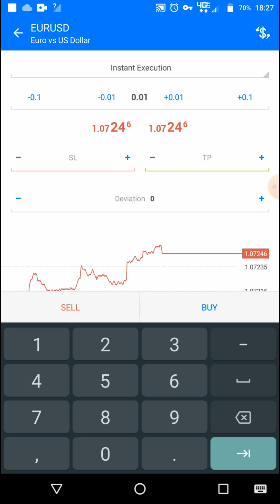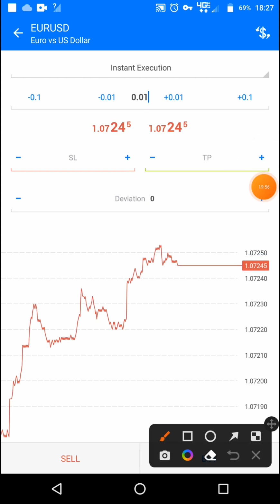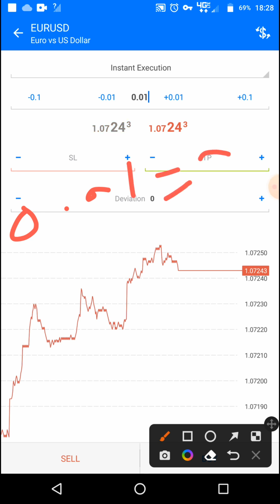Now in the book, or in the PDF, it says 0.01. Okay, it's a micro lot. It's a micro lot size. Okay, it means that this particular 0.01 in currency is how much? That means this 0.01 is equal to 10 cents.